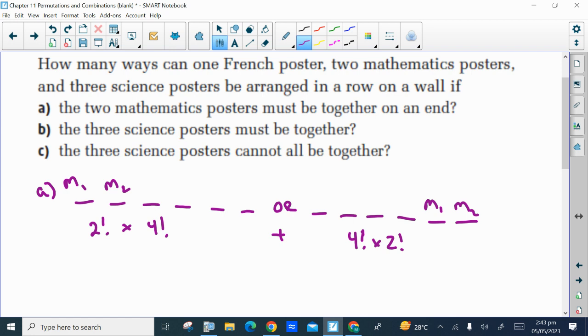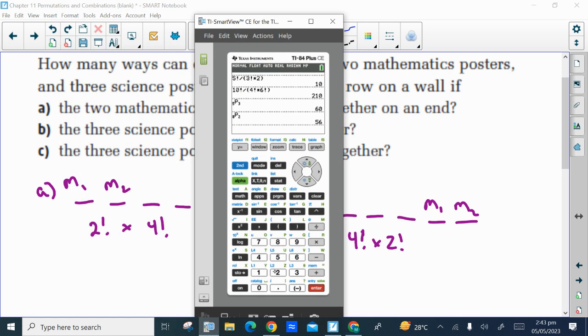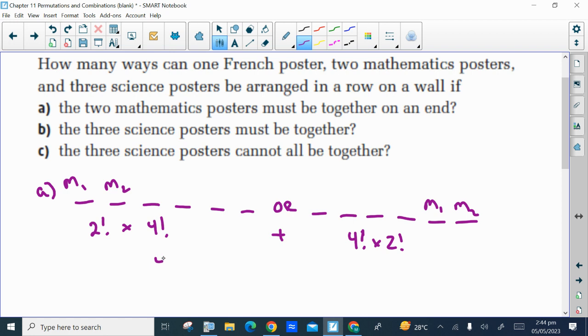So either way, it's 2 times 4 factorial, which is 48. 48 plus 48 gives us an answer of 96. So there's the answer to part A.